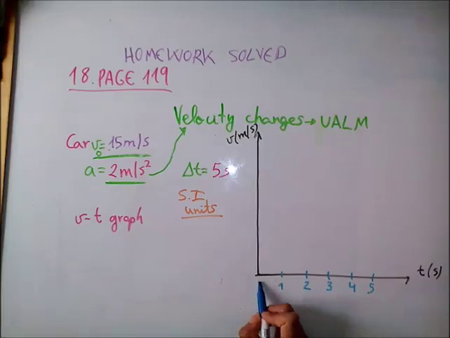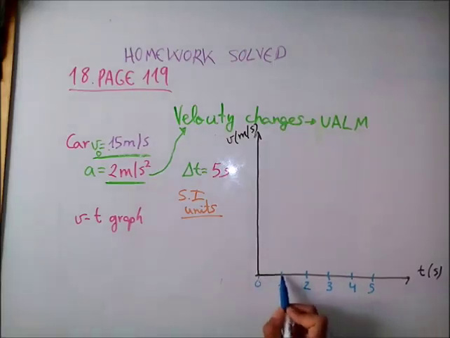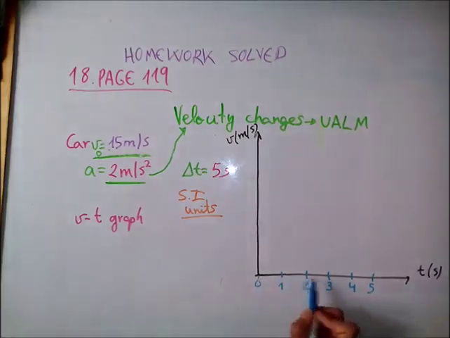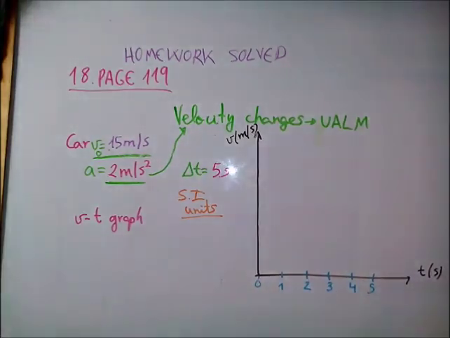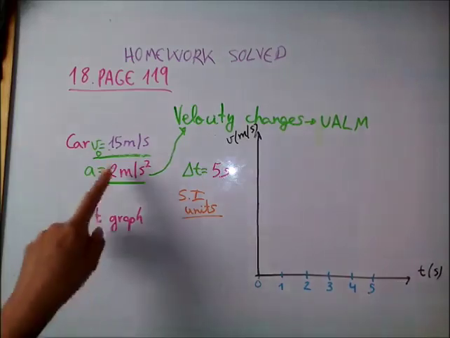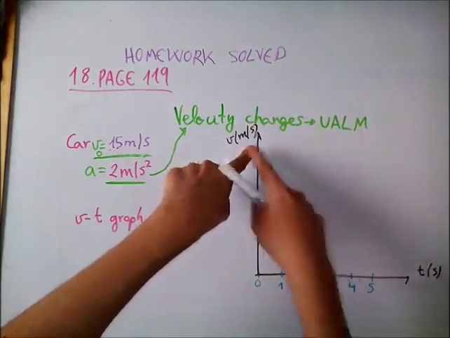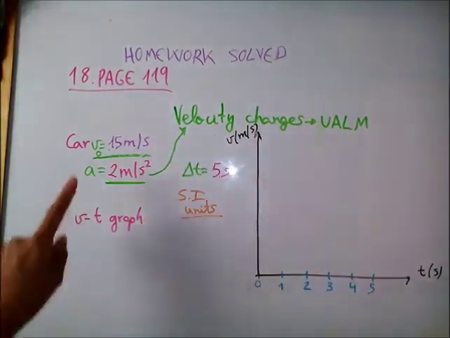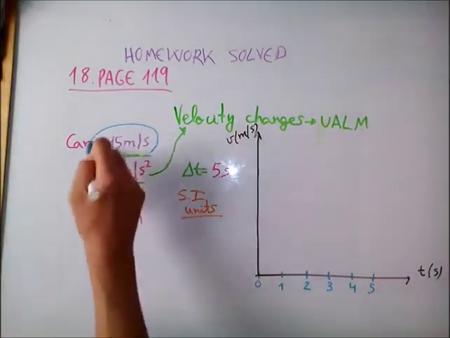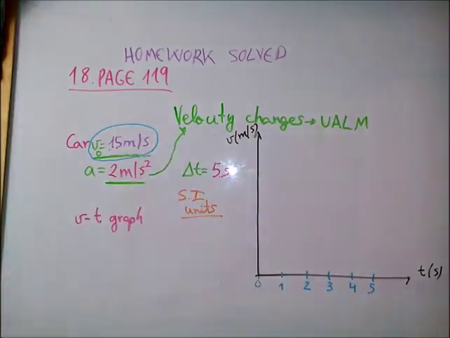So the distance between 0 and 1 has to be the same as the distance between 1 and 2, 3 and 4, and so on, okay? So the most important mistake that a lot of you made was putting number 15 in here, number 0, and drawing a line like this. This is not correct because 15 meters per second is what we call the initial velocity.